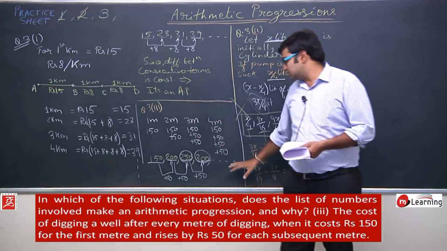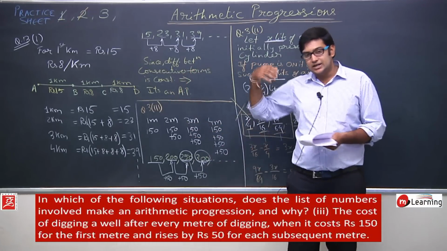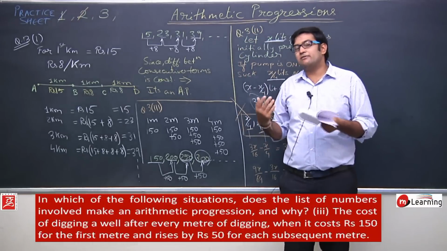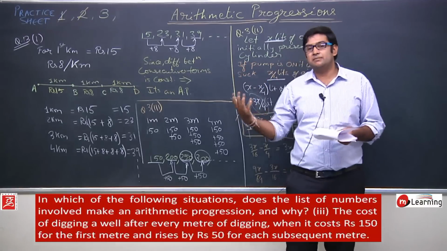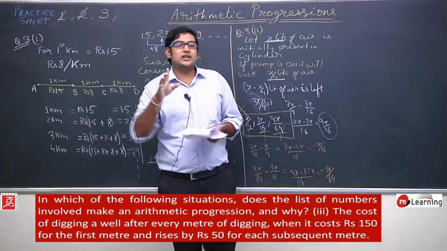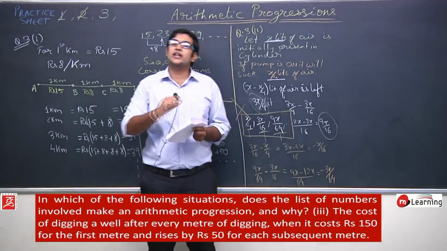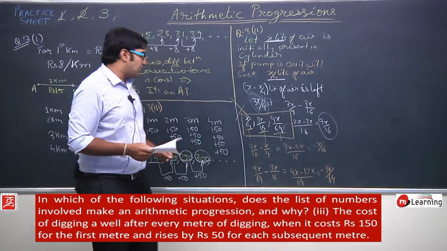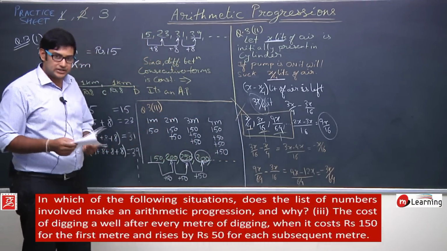I can just simply use this concept of arithmetic progression to determine how much amount I need to pay if I want to have a well of, let us say, 999 meters or 997 meters. Otherwise it will be a very cumbersome process. You need to calculate a lot. So this is how you can solve the third part. This is a practical situation you can see.